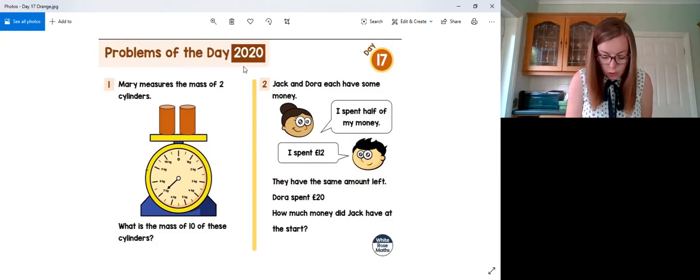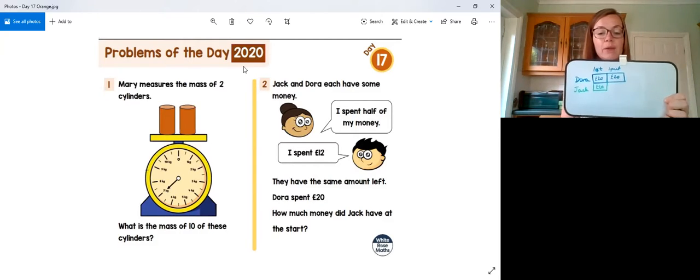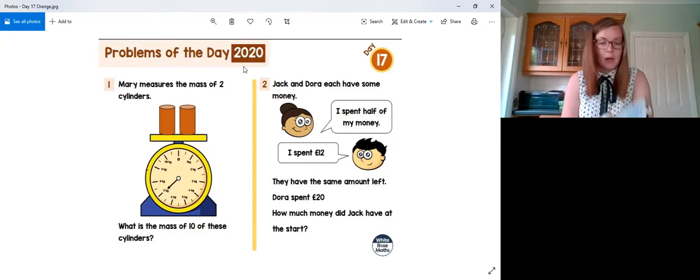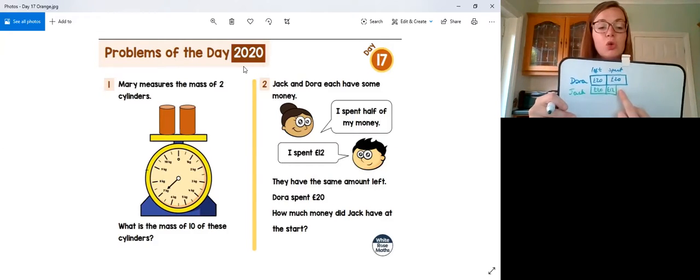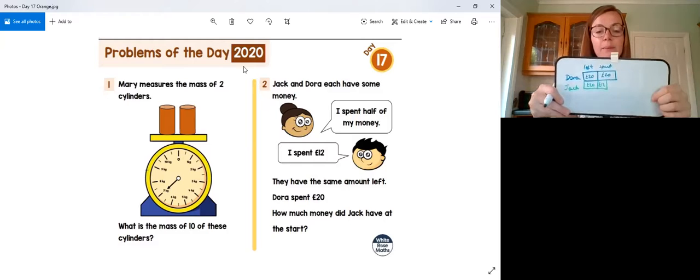So first of all, I'm going to label that bit on the bar there. Because he has the same amount left as Dora, he must have £20 left. We're also told in his speech bubble that he spent £12. So I'm going to put that on there. And you'll notice I've made his bar shorter than Dora's because I know 12 is less than 20.